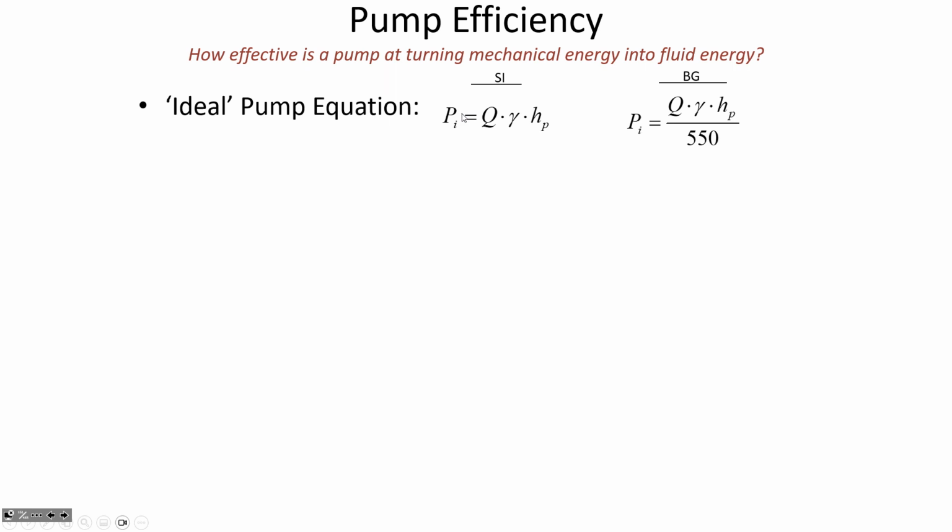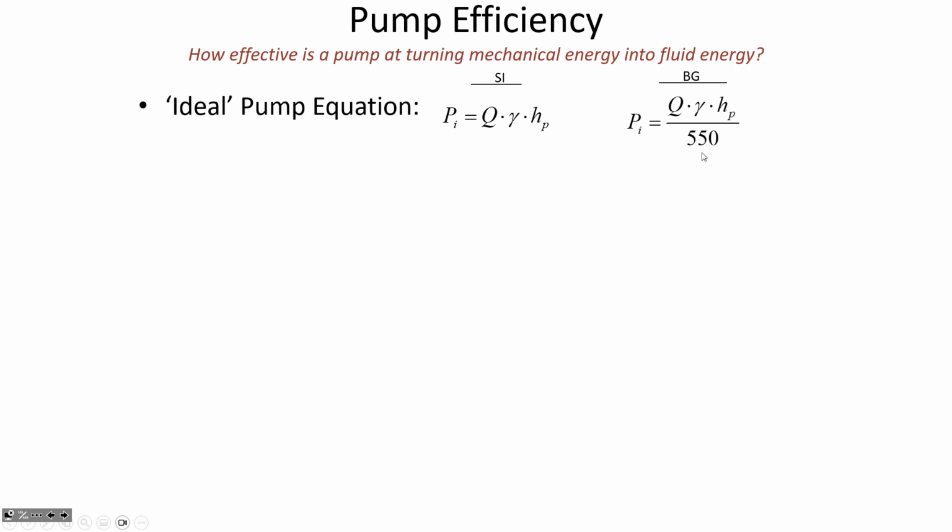So P has units of watts, Q would have units of cubic meters per second, gamma is newtons per cubic meter, and pump head has units of meters. If you add that all together, you're finding out here in the SI version of the equation how many watts the pump is adding to the system.